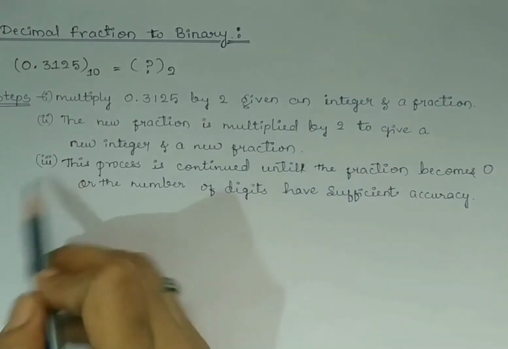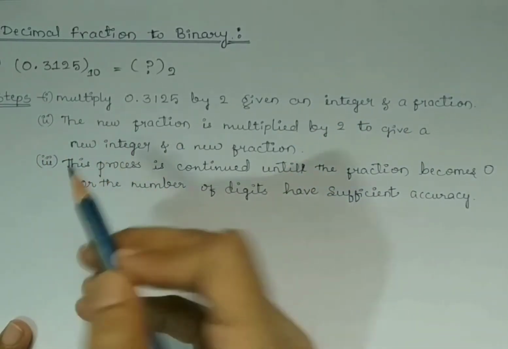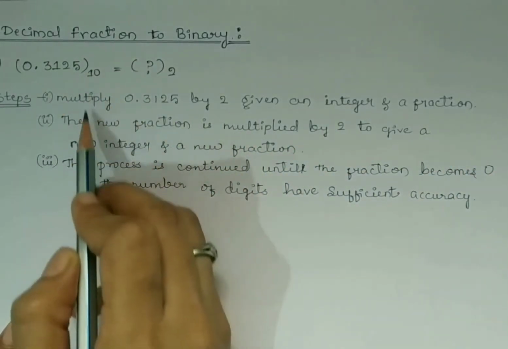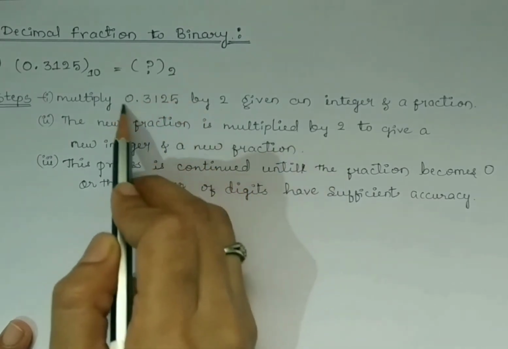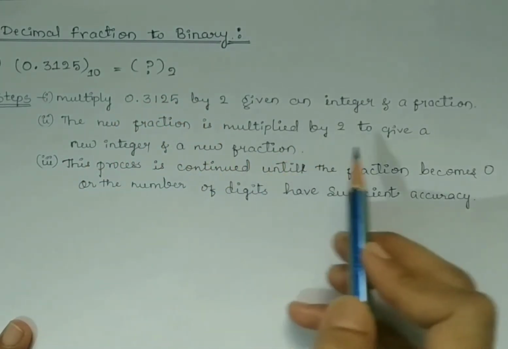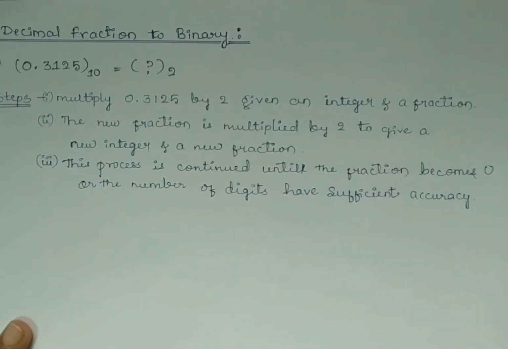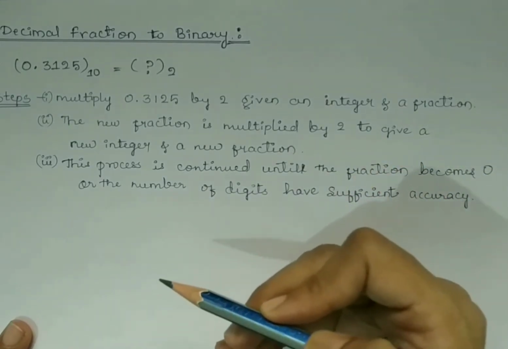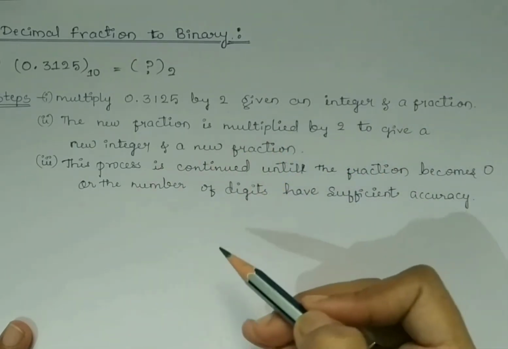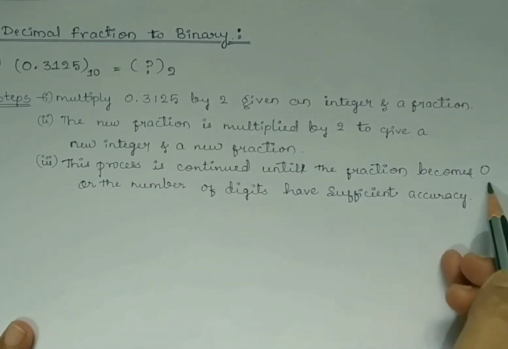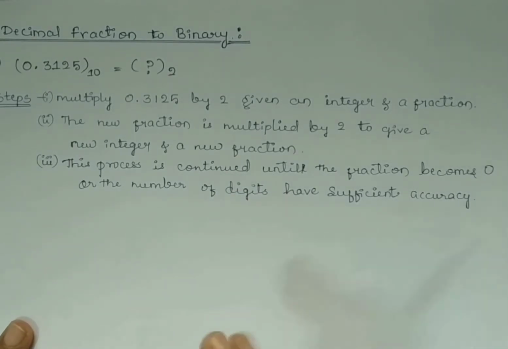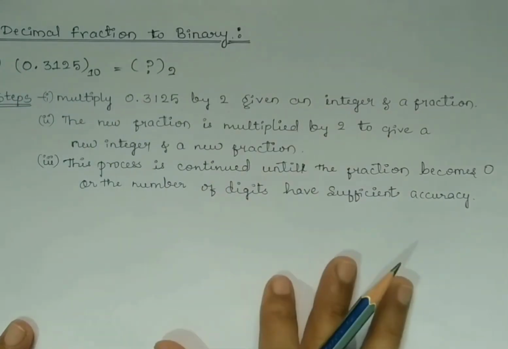The second step is the new fraction is multiplied by 2 to give a new integer and a new fraction. And this same process will be continued until the fraction becomes 0 or until the number of digits has sufficient accuracy. Okay, let us solve it.